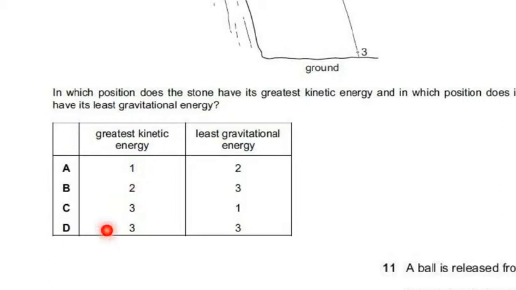So we're looking for number 3. So we're either C or D at this point. Now the least gravitational potential energy is also, interestingly enough, going to be right there, just at the ground. So that gives us our answer right here. It's actually the same. They're both number 3 for this.